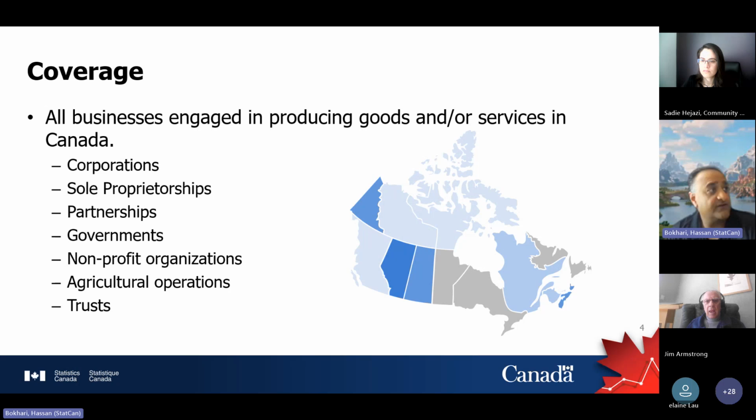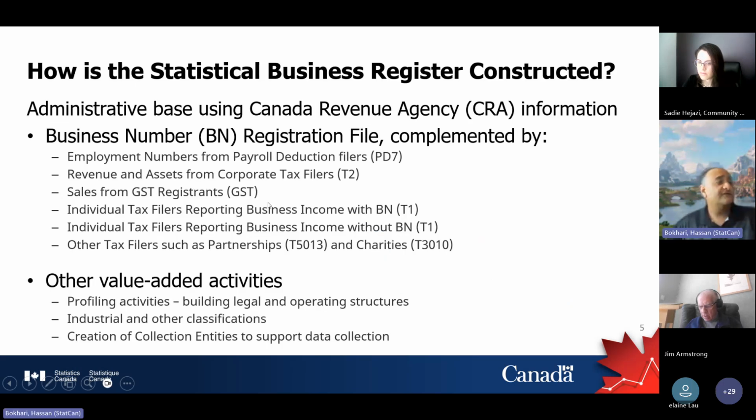Partnerships, governments, nonprofit organizations, agricultural operations, and trusts. So quite comprehensive. How is the statistical business register constructed? It's basically an administrative base using Canada Revenue Agency information.